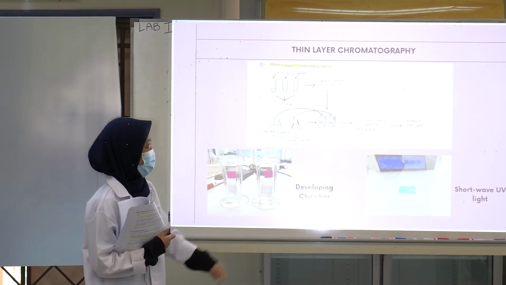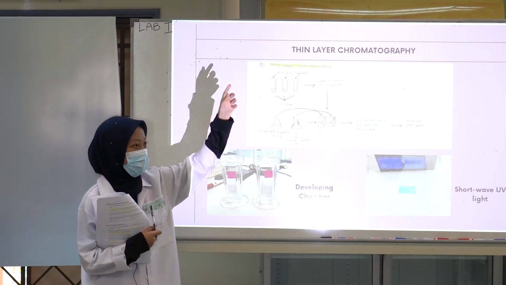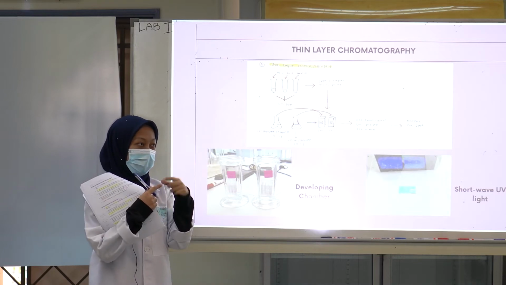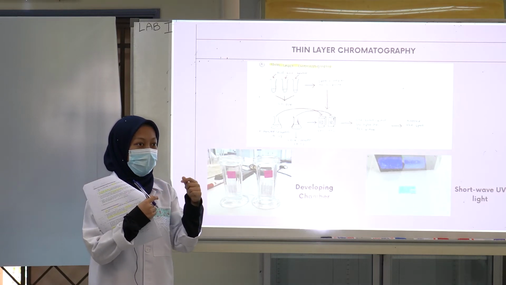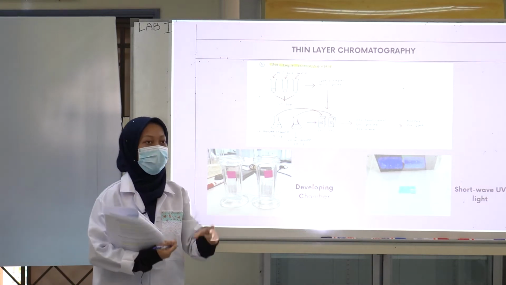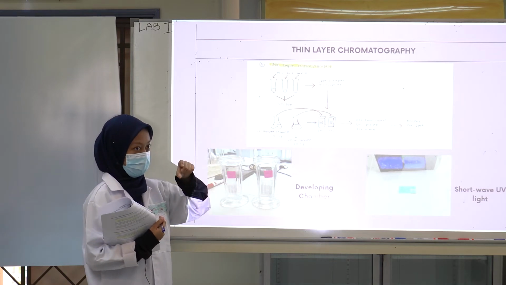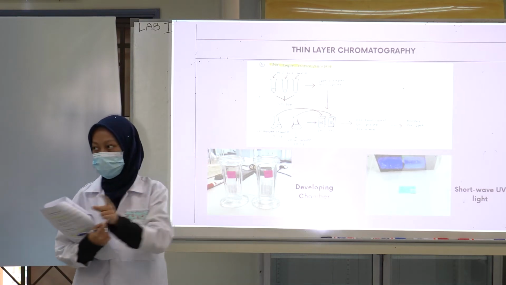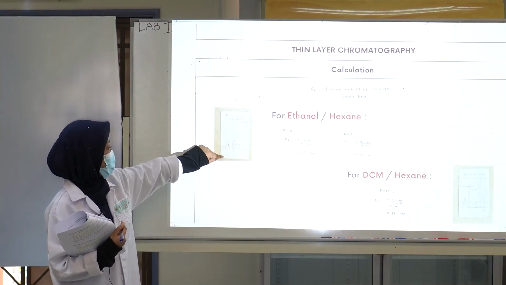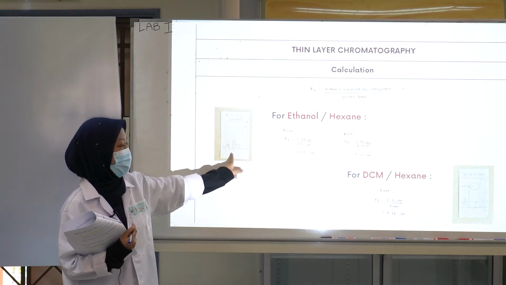So after that, with the TLC plate, we draw the line. We mark on the TLC plate 1 cm, starting from the bottom, like this. 1 cm from this and this, like this.